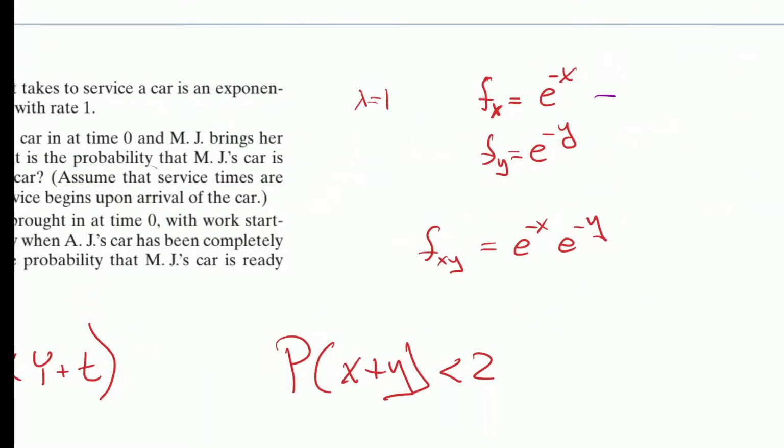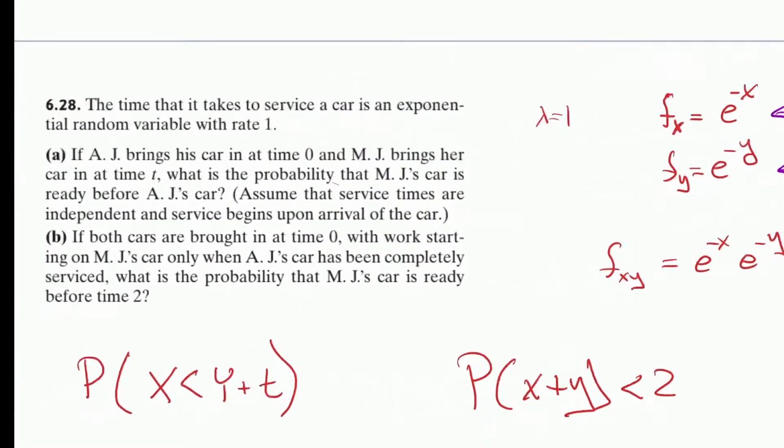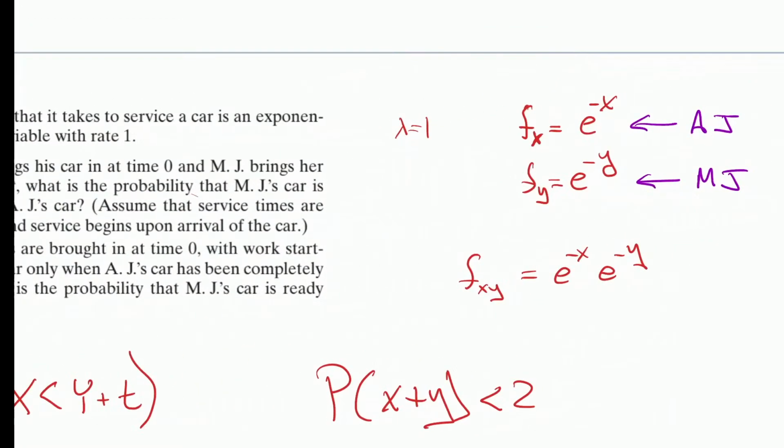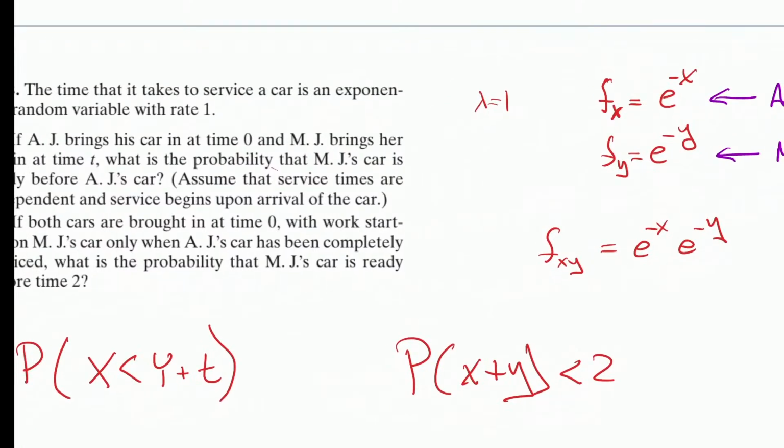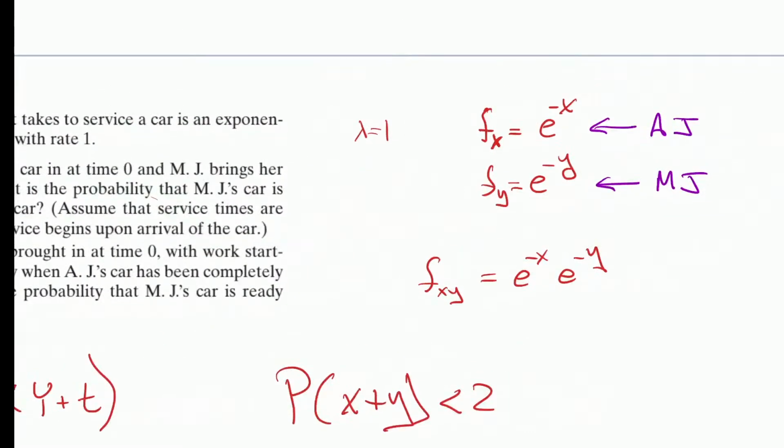So x is going to be AJ, and y will be MJ. That is, the amount of time it takes AJ's car to be fixed will be x. The amount of time for MJ is going to be y. And since these are both exponential random variables with rate 1, I don't know why it doesn't say lambda 1 or mean 1, but whatever. I'm going to use just 1 for lambda.